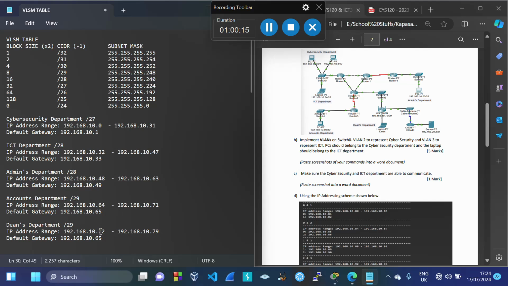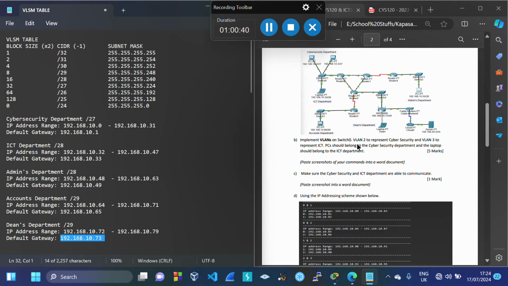Now the default gateway, 72 should be 73, which is this, and that's what we are seeing in the question. So it's 73. They inserted the default gateway because we are talking about a wireless router. A router needs to have a default gateway, and the wireless router will just insert that. So that's the meaning.